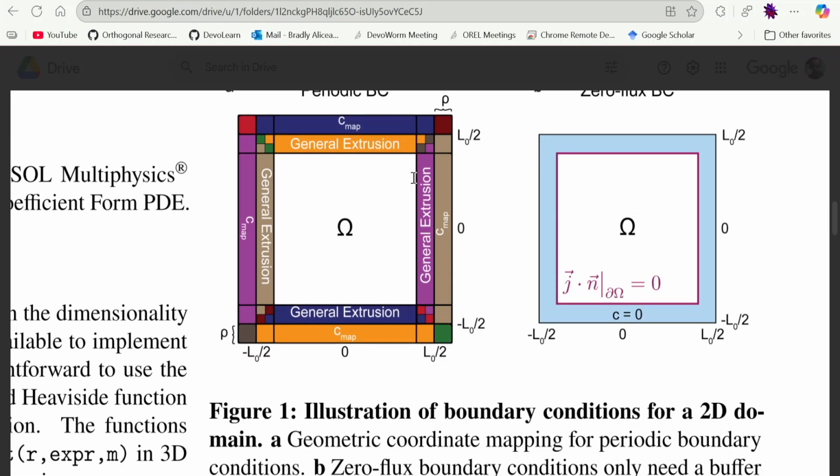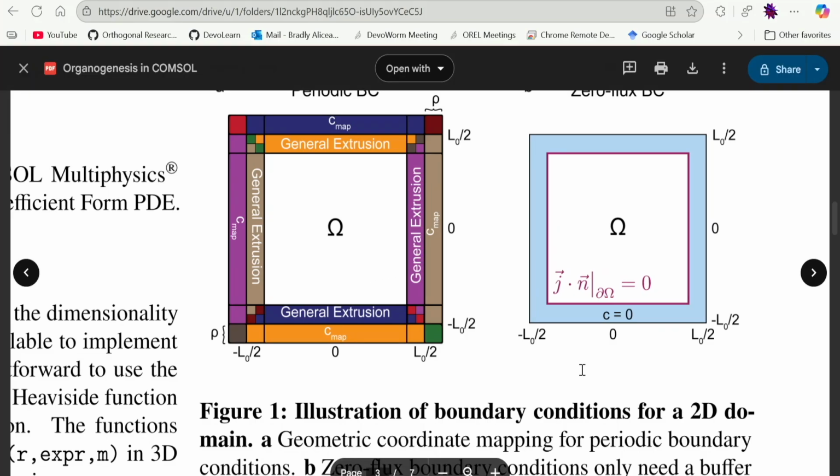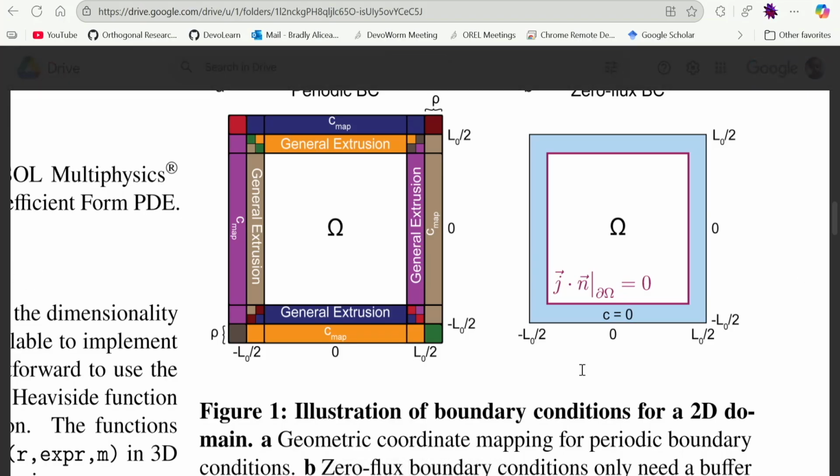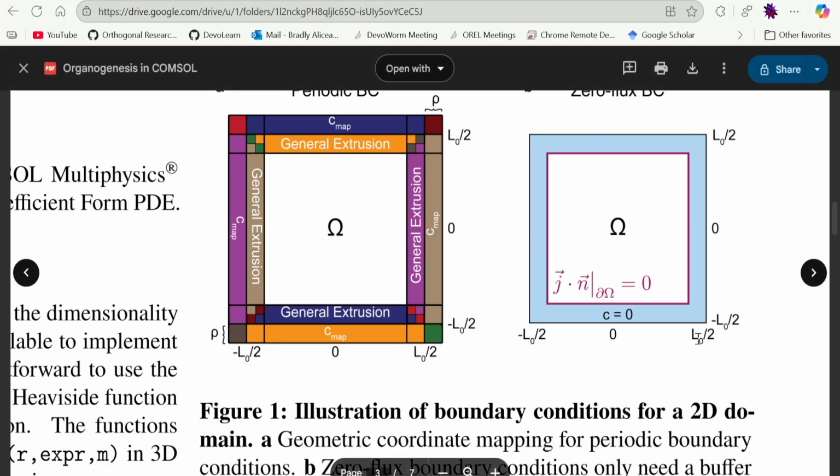We have then CMAP, which is outside of general extrusion, and then it's just expanding that simulation domain. And then for C equals 0, we have a little bit of an expansion of the initial domain, but it's bounded by these Lagrangian terms here. And so that's how that works.